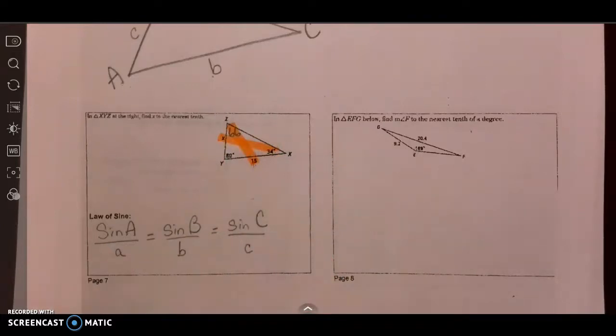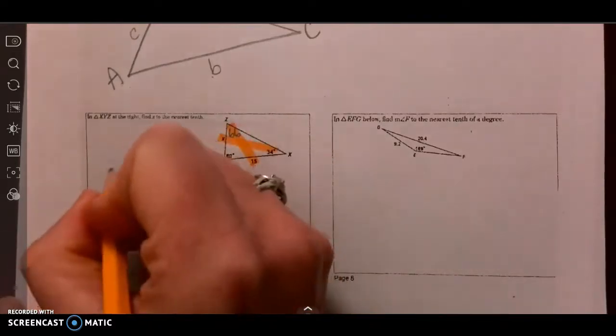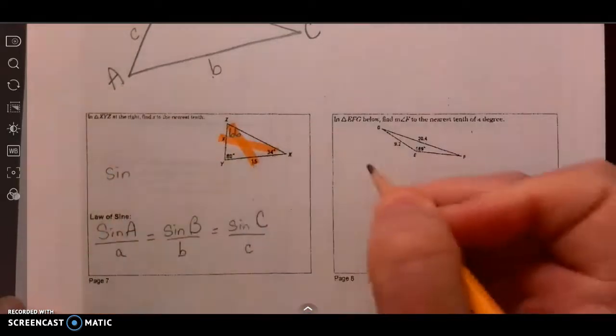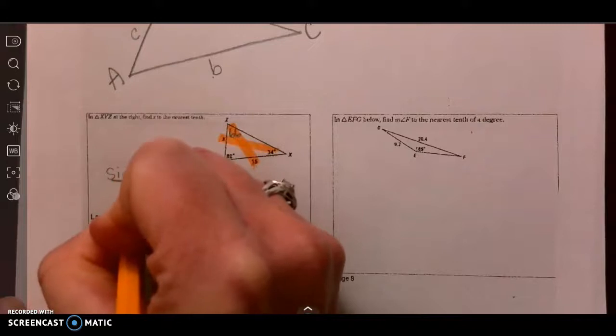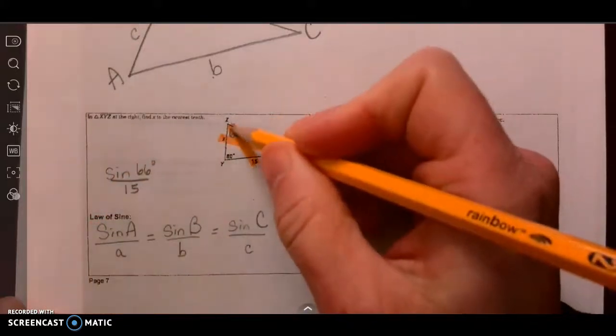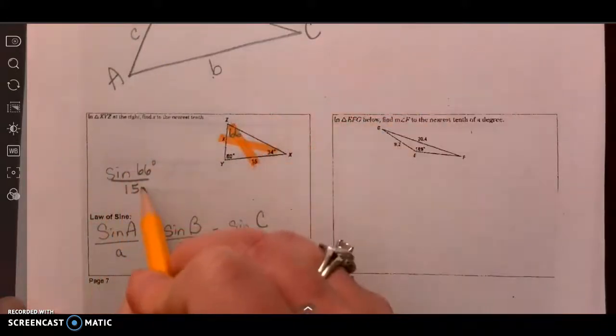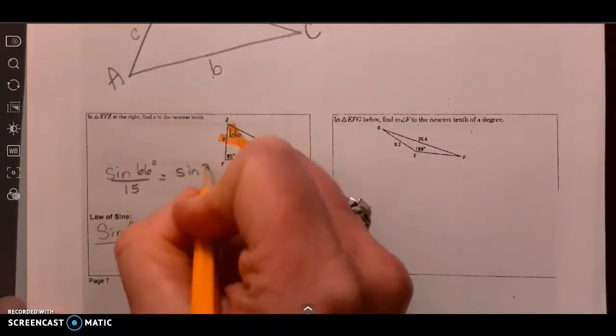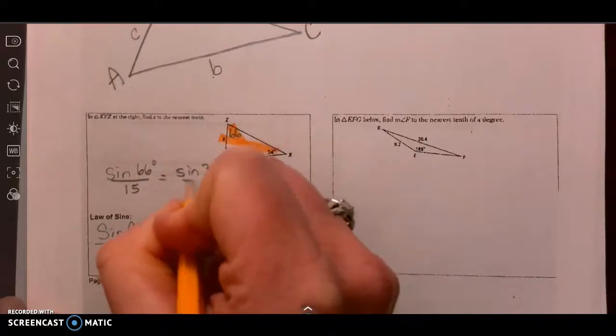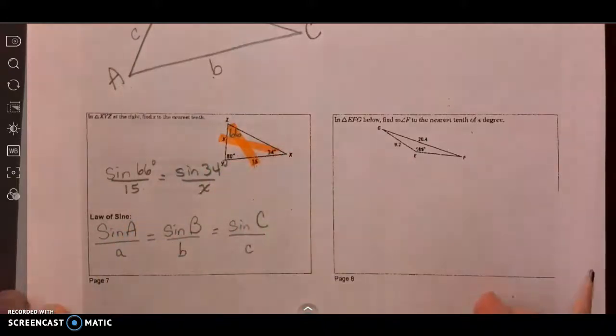So I can say that the sine of 66 divided by 15, angle and side across from it, is equal to the sine of 34 degrees divided by x.